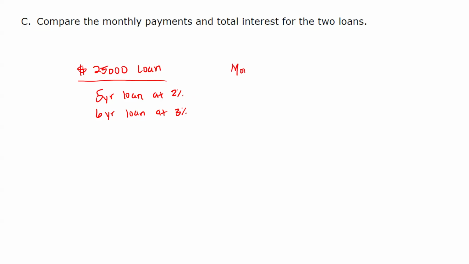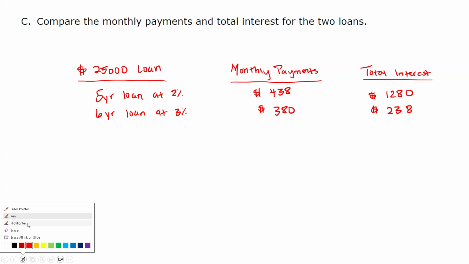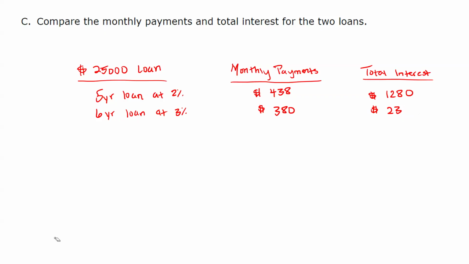Our monthly payments came out to be $438 for the 5-year loan and $380 for the 6-year loan. The total interest came out to be $1,280 for the 5-year loan and $2,360 for the 6-year loan.